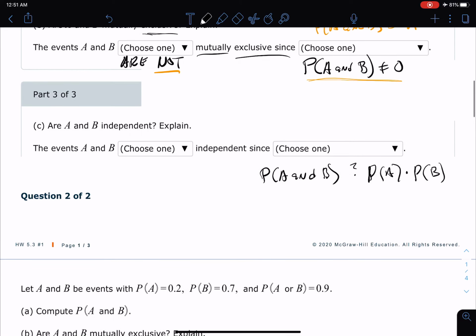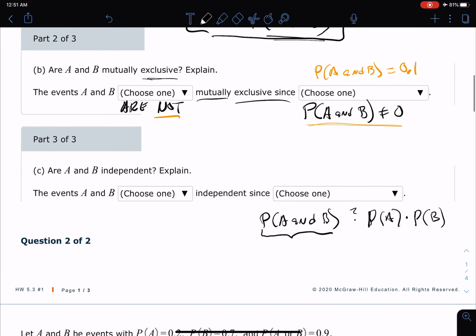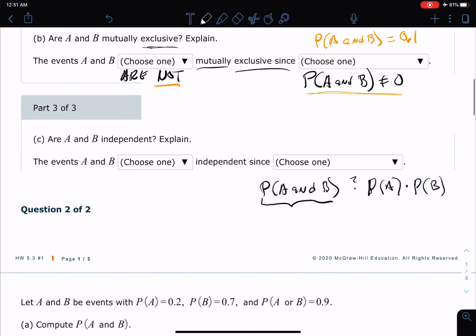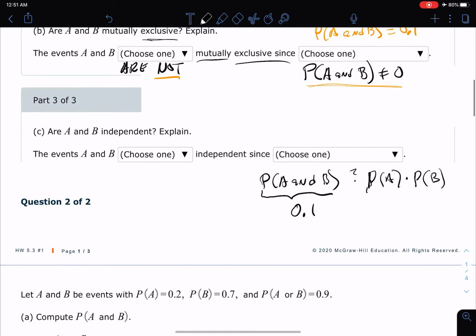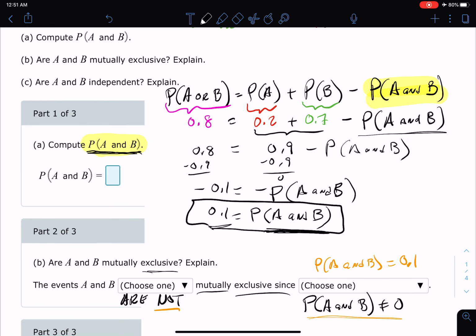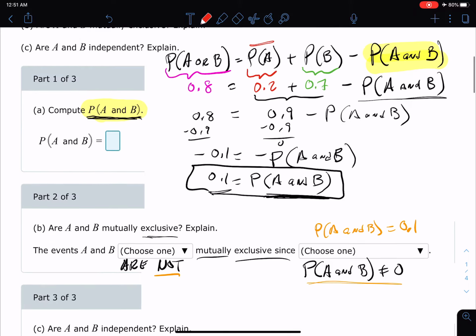So, do we know what the probability of A and B is? Yeah, we do. It's right there, the very first problem: the probability of A and B is 0.1. And do we know what the probability of A is? Yeah, it was given, and I made it red. It was right here at 0.2.